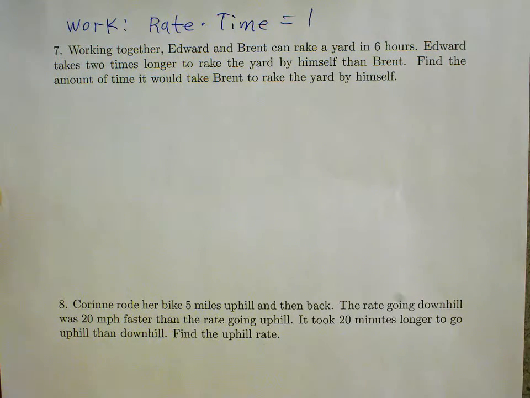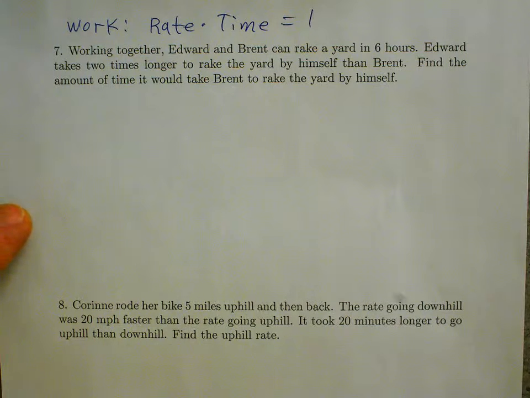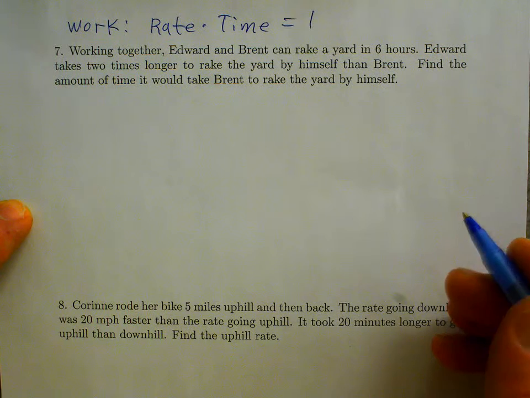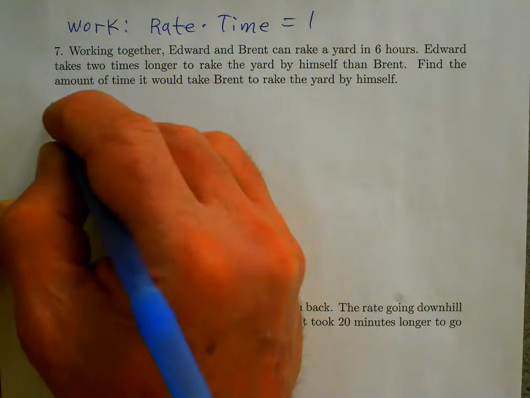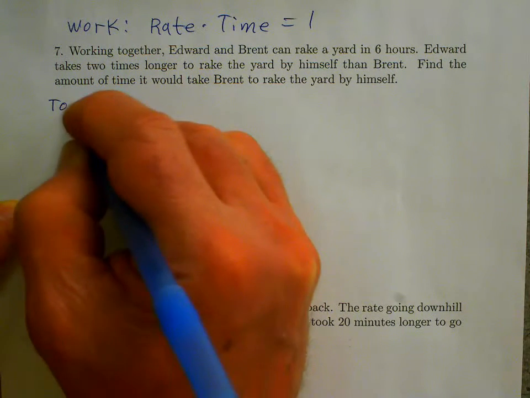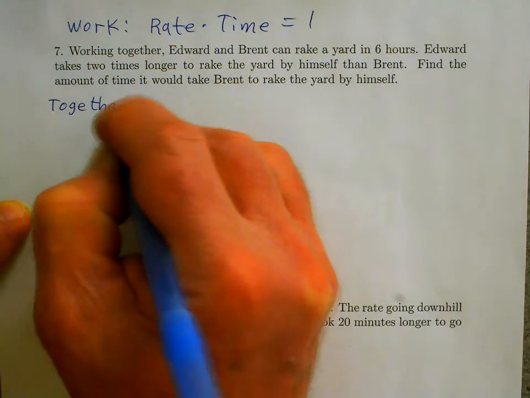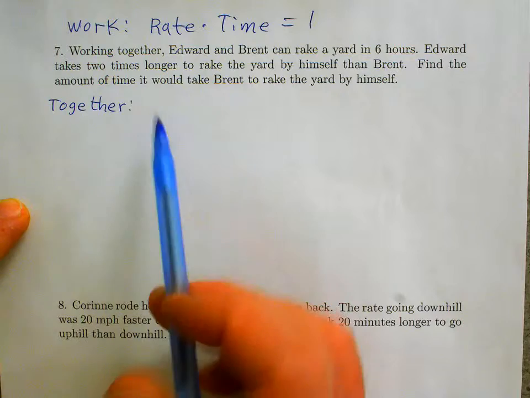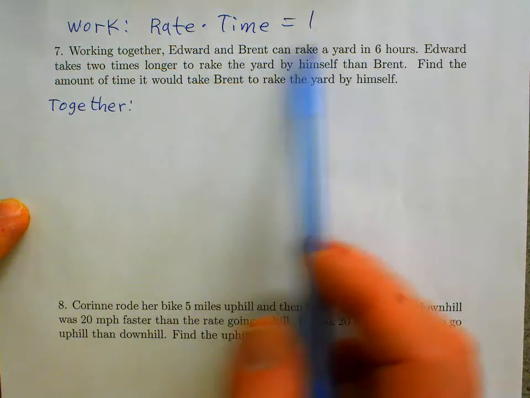In the first sentence, we're told that when Edward and Brent work together, they can rake a yard in 6 hours. So when they work together, let's write down an equation of the form rate times time equals 1.